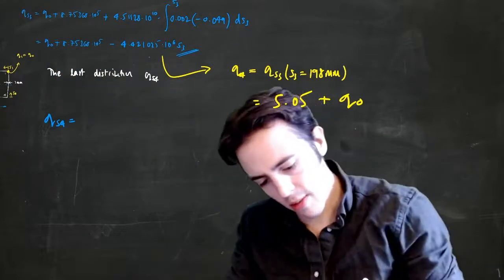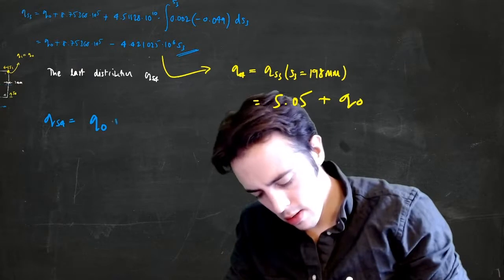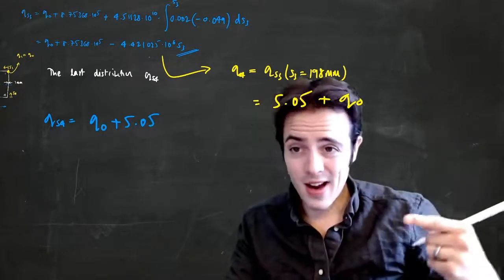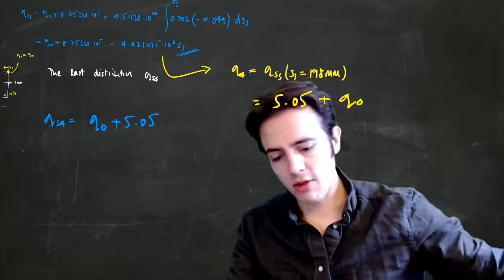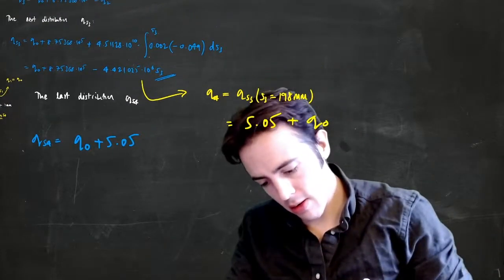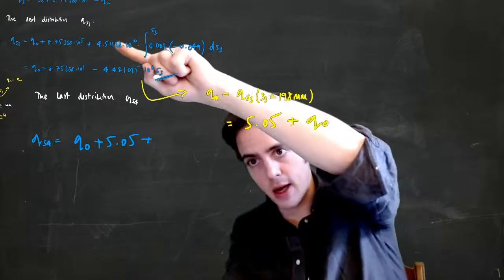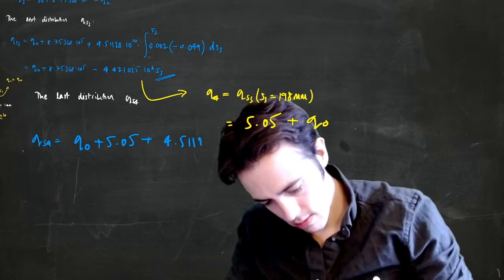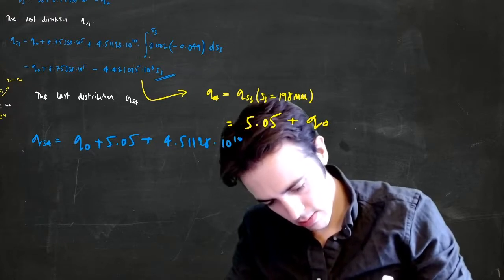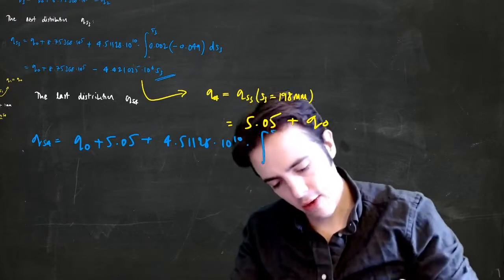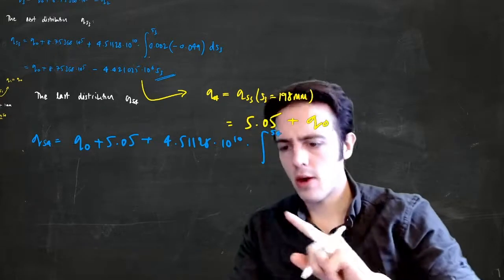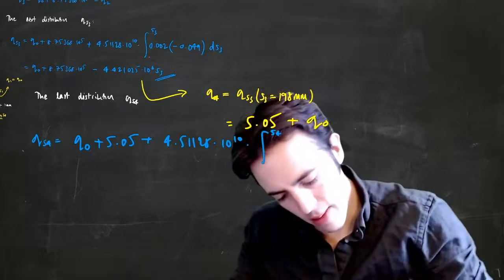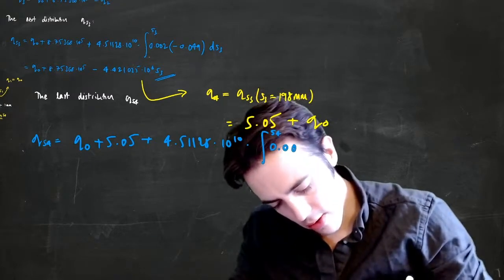So QS4 is going to be equal to Q0 plus 5.05 minus Vy on Ixx multiplied by thickness y, all that integral, but we're going to just copy that number down from up here, which is minus Vy on Ixx. So the integral from S4 to 0. The thickness is 1 millimeter, so 0.001.